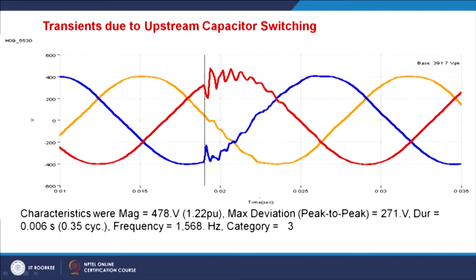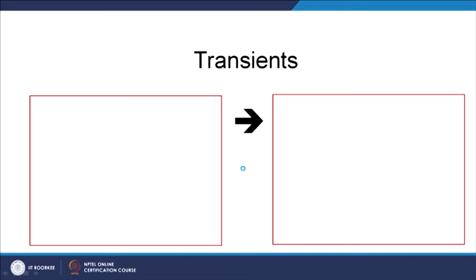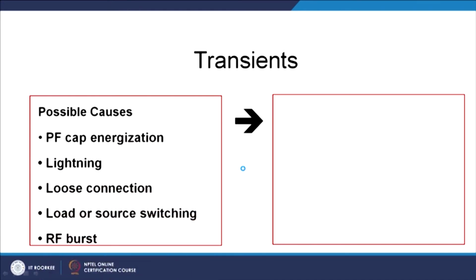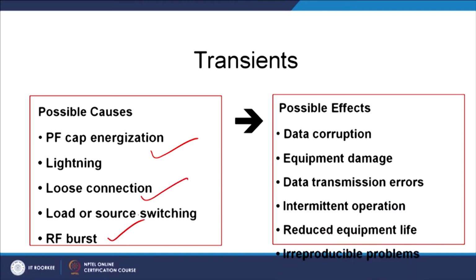Similarly, we can have a transient here. Possible causes of transients are power factor capacitor energization, lightning, loss of connections, load or source switching, or an RF blast. Possible effects: data corruption.